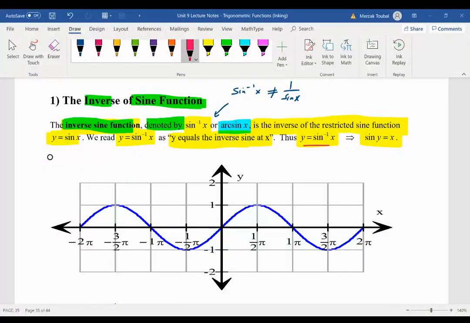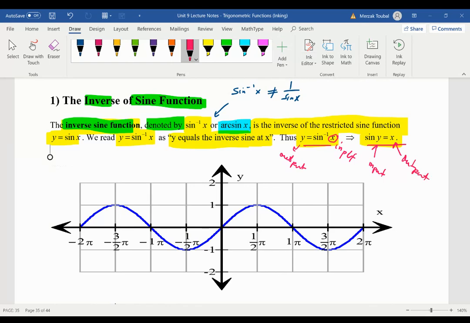So what this is saying is, if y equals sine inverse of x, here x is the input and y is the output. Now the original function will switch the x and the y. So now y becomes the input and x becomes the output.